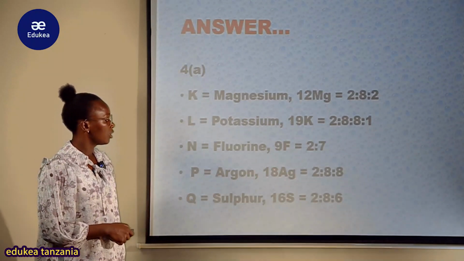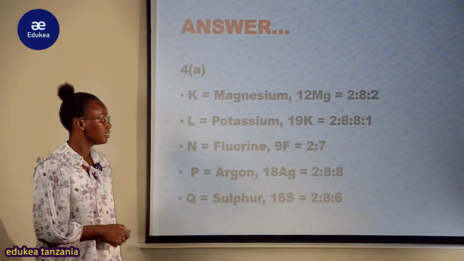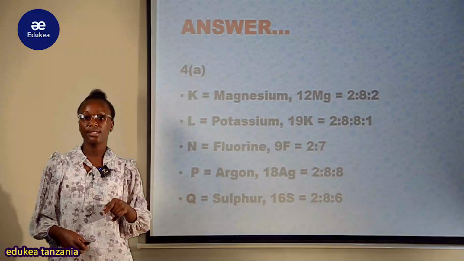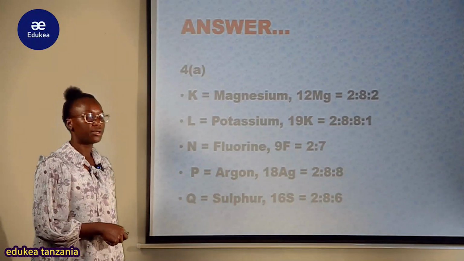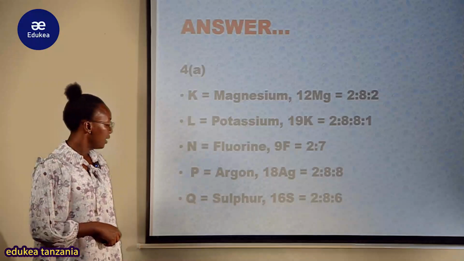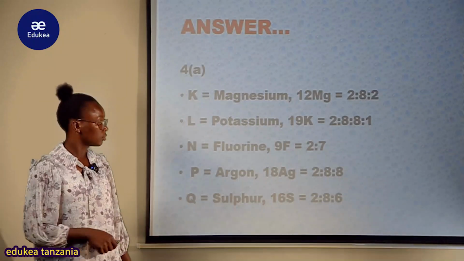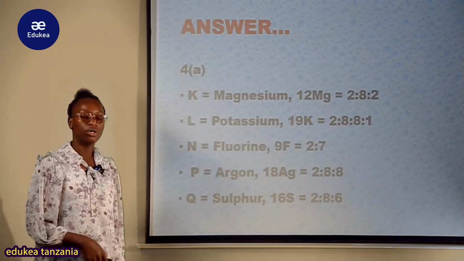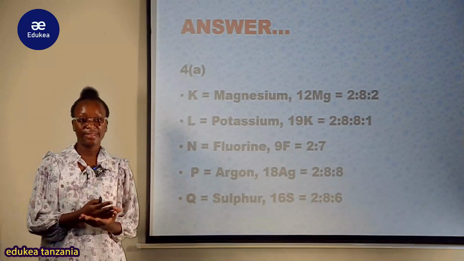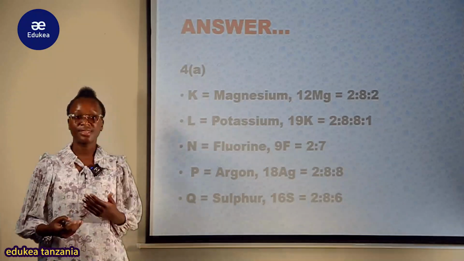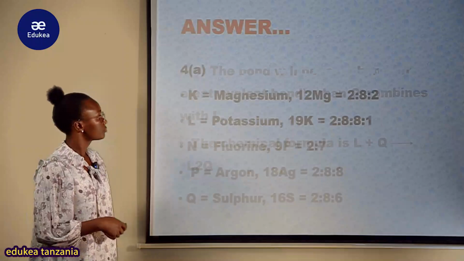So argon ni ya 18, this one is noble gas or noble element, kwa hiyo ile outermost shell yake itakuwa fulfilled, therefore itakuwa ni 2:8:8. Lakini pia Q ilikuwa ni sulfur, ambayo ni 16 obvious, ambapo tutakuwa na 2:8:6. This is how students were required to do. First unaidentify the element kama tulivyo identify, after that ndo unakuja kuandika hizi electronic configuration.